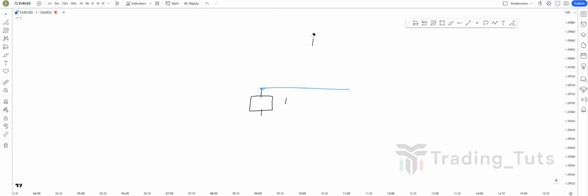So now that we covered the imbalance fill, we can move on to the last POI. The last POI is going to be a wick. So basically, every unmitigated wick you see on the chart is a POI by itself. So let's say you came across a big block, let's say a rejection block in this case, with a long wick.